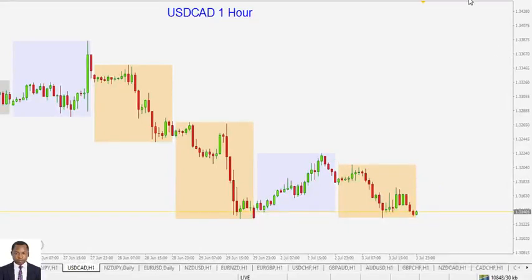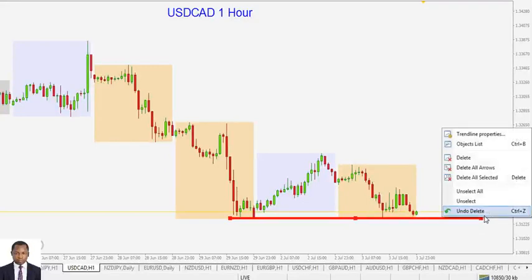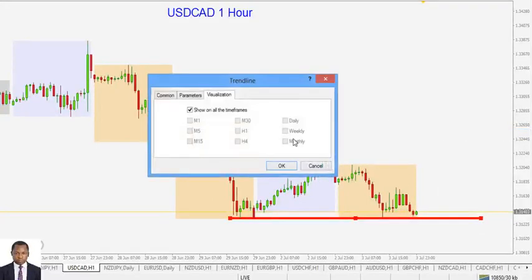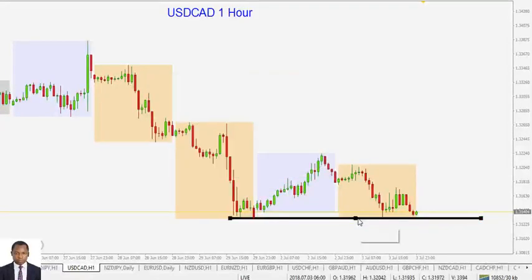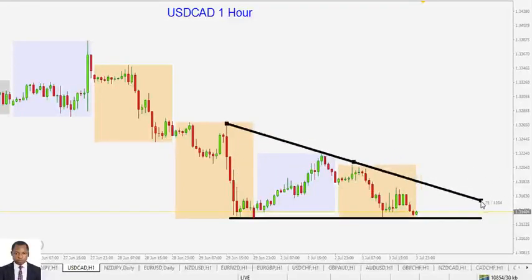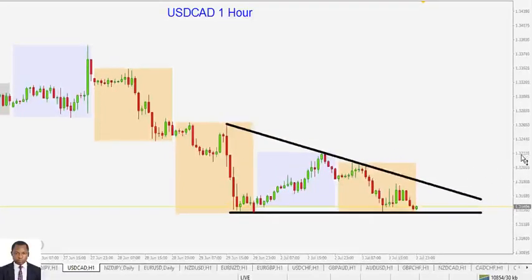Let's draw those levels of support and resistance. Okay, 1 hour time frame. Let me change that to black. All right, then this line. Good. So now we have a flat bottom triangle.